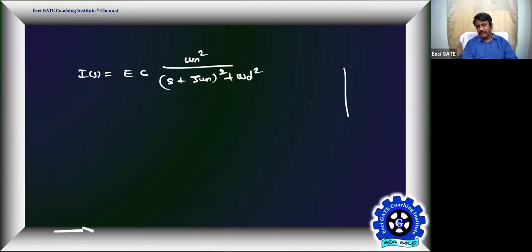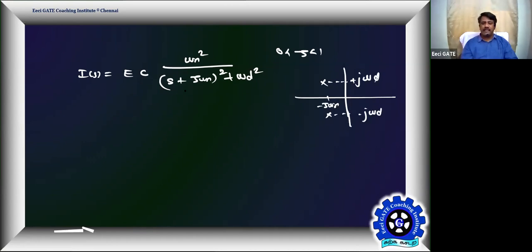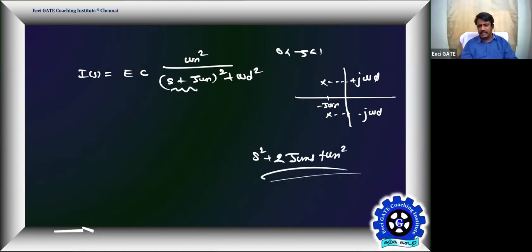We know very well an underdamped second order system, with ζ between 0 and 1, will have poles with real part minus ζωn and imaginary parts plus jωd and minus jωd. Exploiting these fundamentals, s² plus 2ζωn s plus ωn² can be written as this. Is everyone getting it?